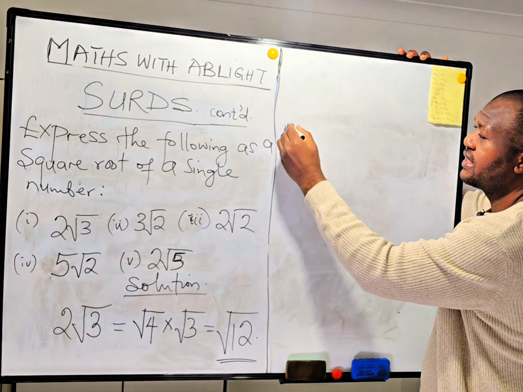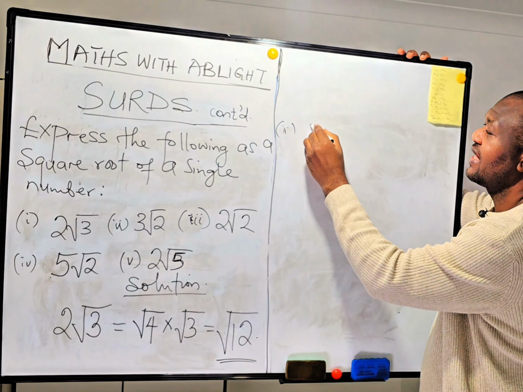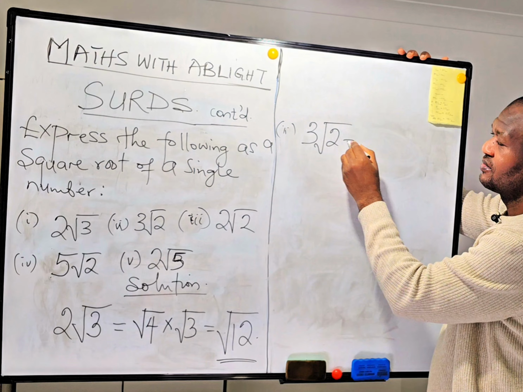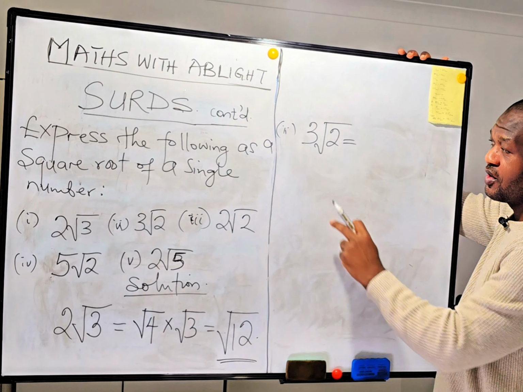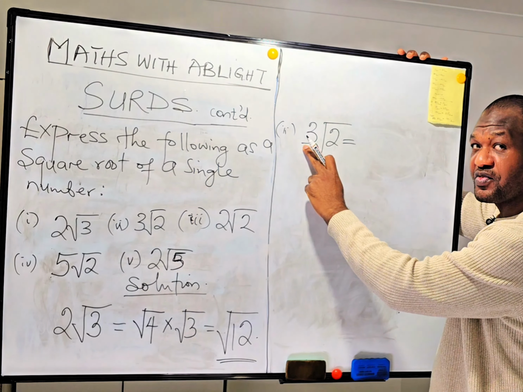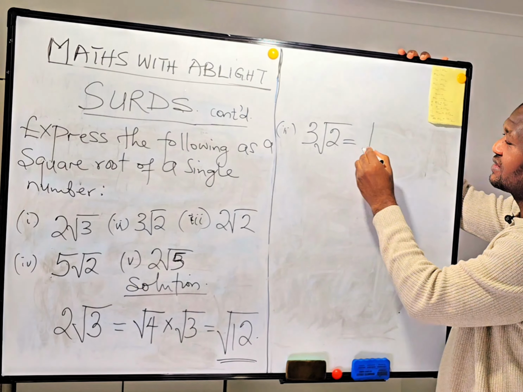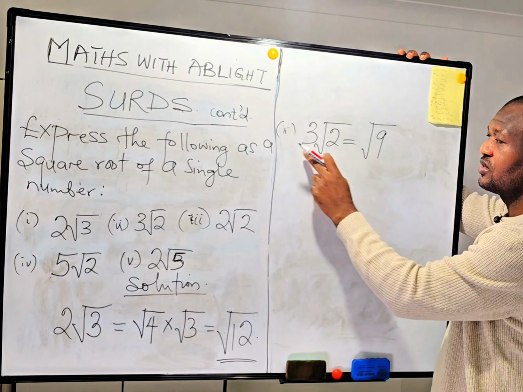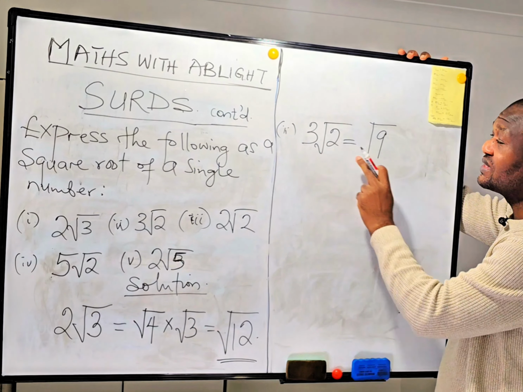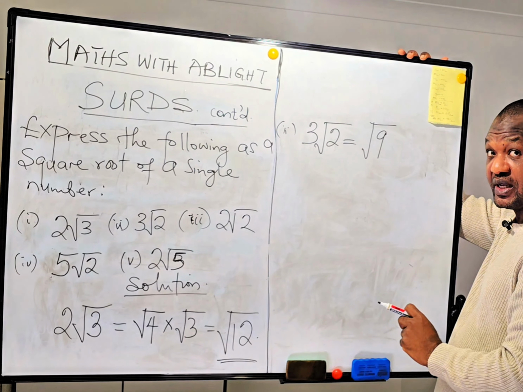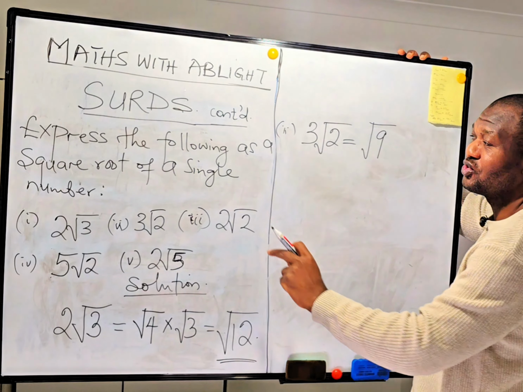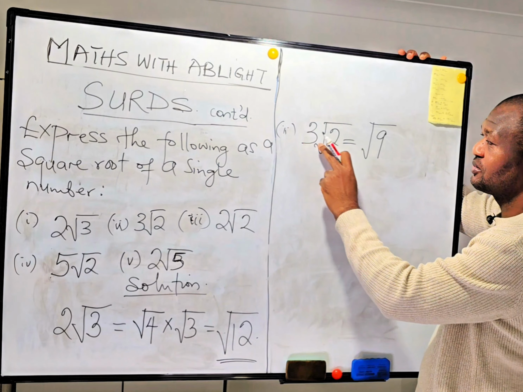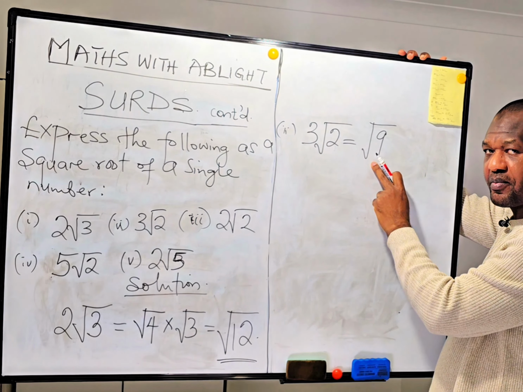The second one is telling you that 3 root 2. This is simple in itself. What is the square of 3? It is 9. Square root of 9 is what gives you 3. You've got to always express it in square root because you are dealing with SURDS, and it says you should express it as a square root of a single number. So this must be expressed in this form.